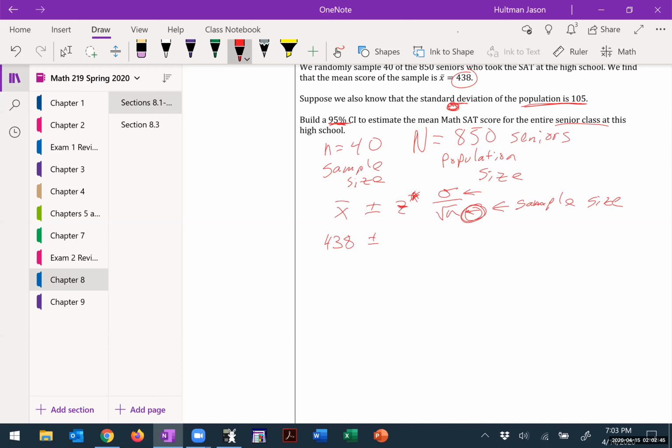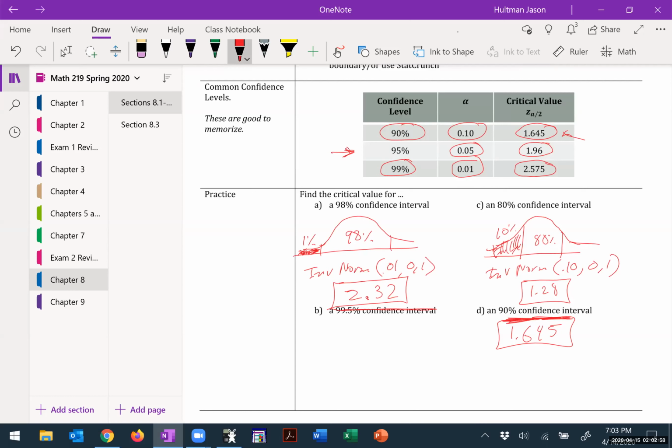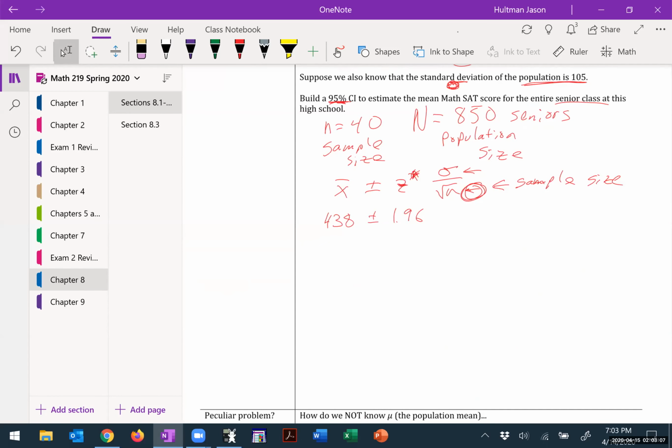What's the Z star? Yeah, it's 1.96. Okay, and just go back to the chart. See the chart right here, 95%, 1.96. There you go.